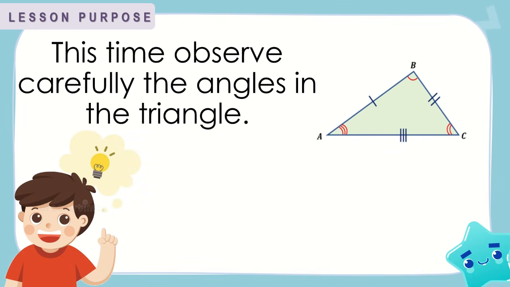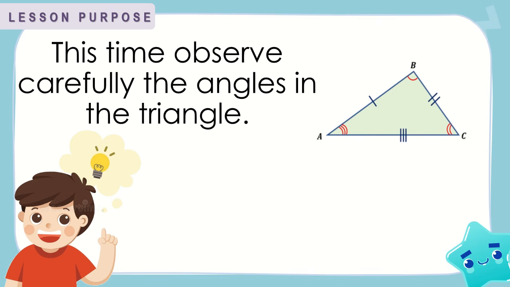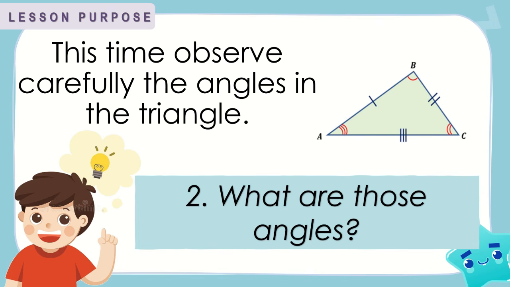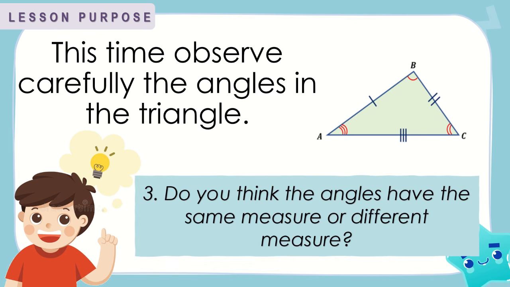This time, observe carefully the angles in the triangle. How many angles are there? What are those angles? Do you think the angles have the same measure or different measure?